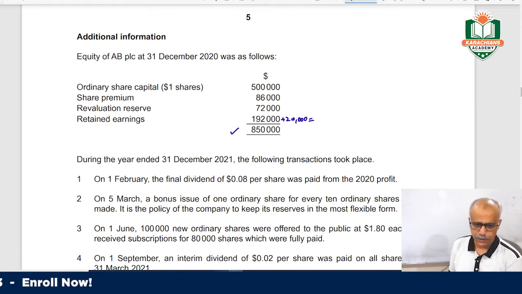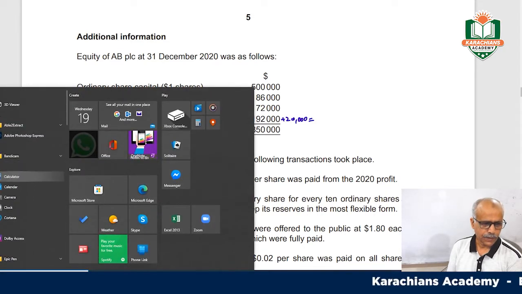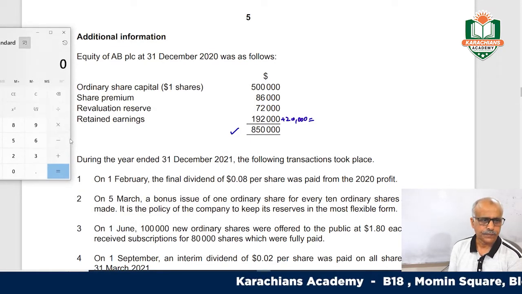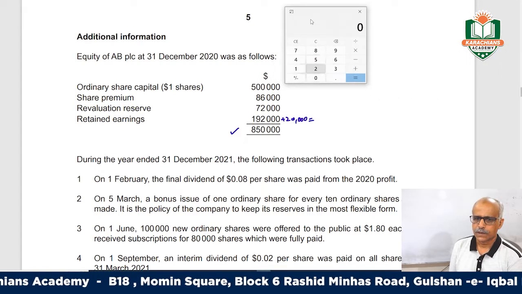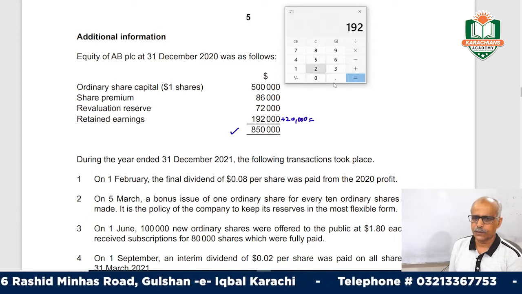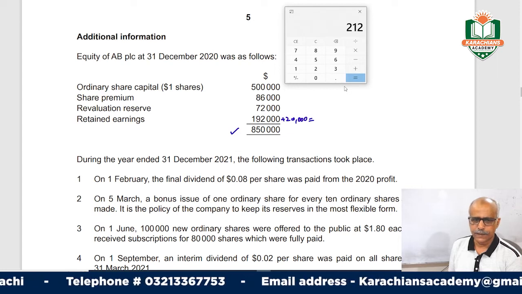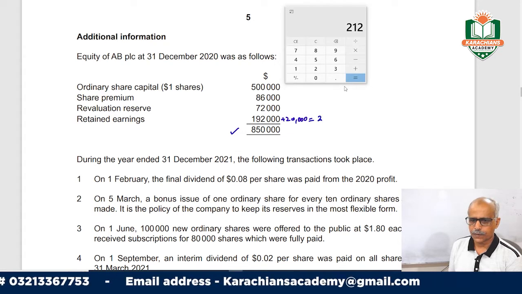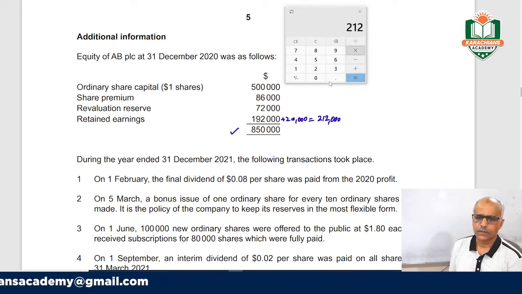Let me open up my calculator. So 192 plus 20, your retained earnings will be 202,000. Fine.